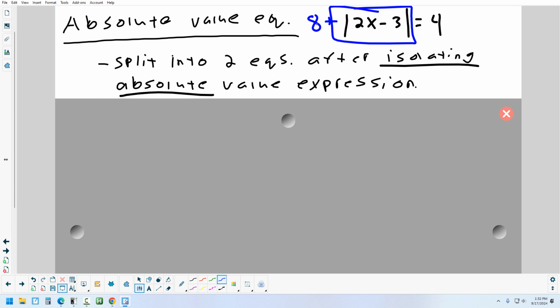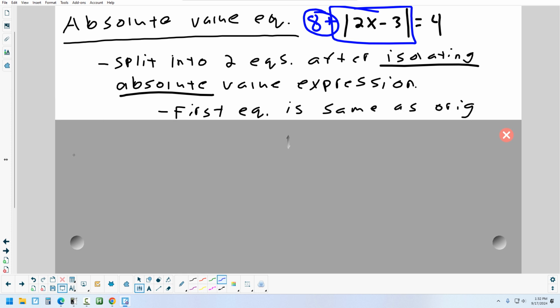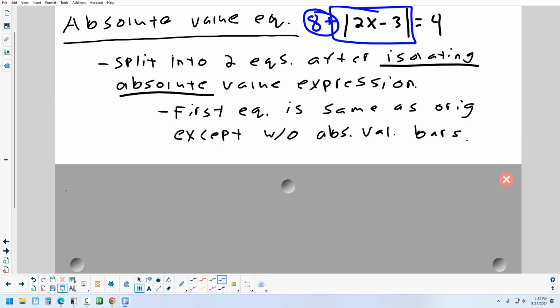If that was the problem, how would you move that plus 8 to the other side? Subtract. Yeah, you just subtract it and then it would be gone, and then you'd have to do 4 minus 8. Okay, so once that absolute value is by itself, we're going to split the problem into 2. The reason we split it into 2 is that's going to get rid of the bars.